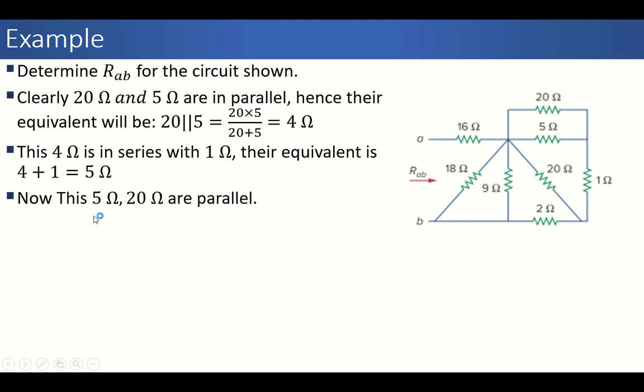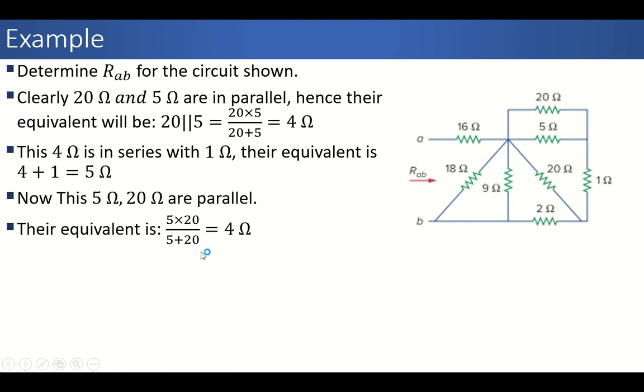So 5 and 20 ohm resistances are in parallel, so we can simplify their equivalent using product divided by sum. So 5 into 20 divided by 5 plus 20, that will be 100 divided by 25, that is 4 ohm. So the equivalent of these 4 resistances will be 4 ohm.